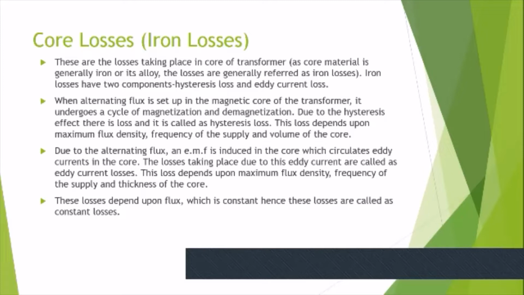Due to the hysteresis effect, there is a loss, and it is called hysteresis loss because of this lagging. This loss depends upon the maximum flux density, the frequency of the supply and the volume of the core.